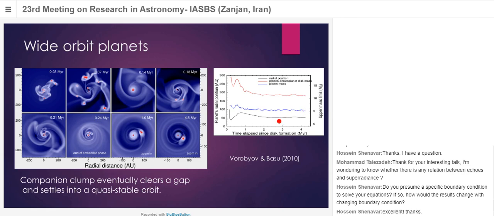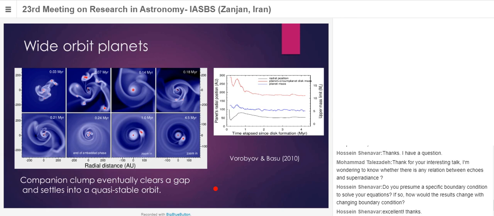It has a mass of about 5 Jupiter masses with a surrounding mini disk that contains another 5 Jupiter masses. So this mechanism may explain, in principle, binary star formation, but also, as in this case, the direct gravitational instability could explain the formation of wide orbit exoplanets and brown dwarfs.